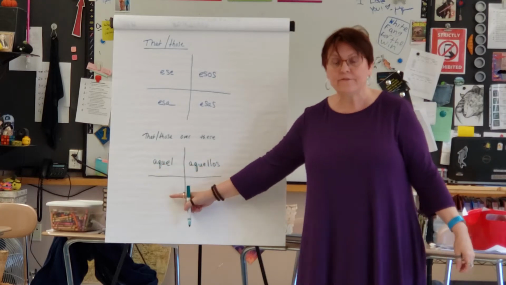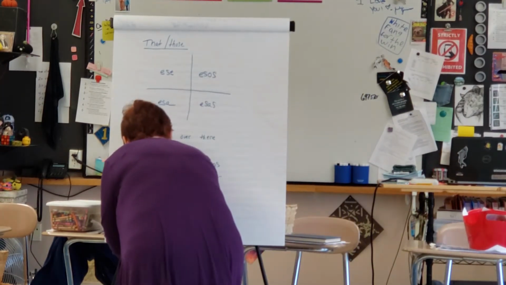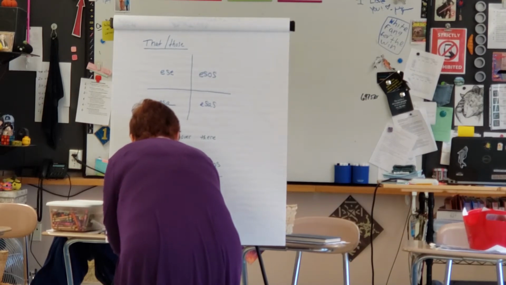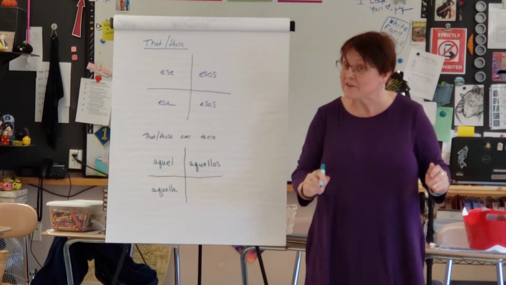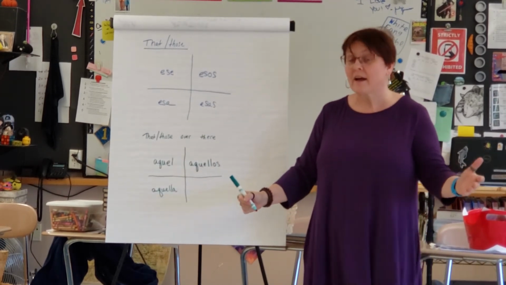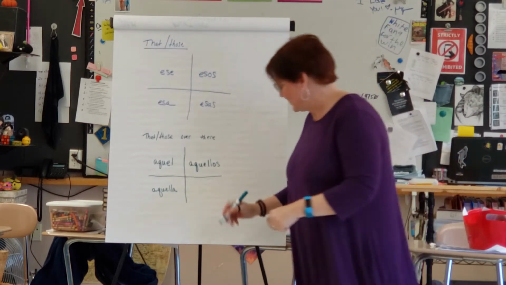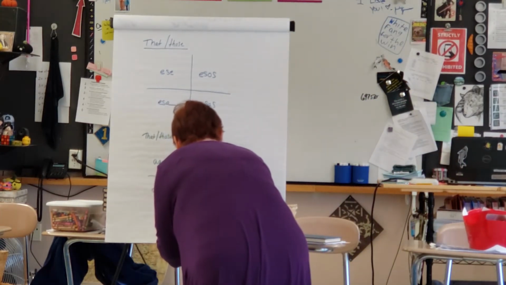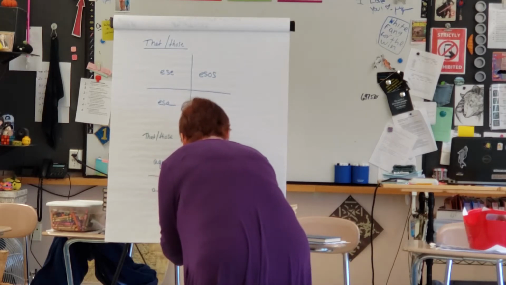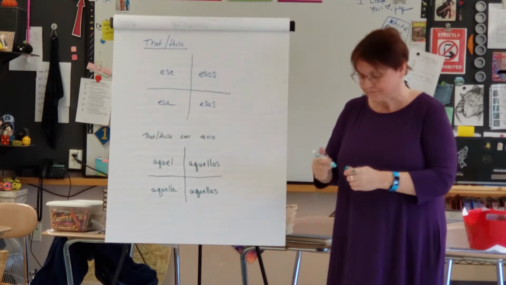Then down here, the feminine is aquella. Now you have to guess what the feminine plural will be. Good job, you guessed correctly. Aquellas. A-Q-U-E-L-L-A-S. That's it. That's how these work.